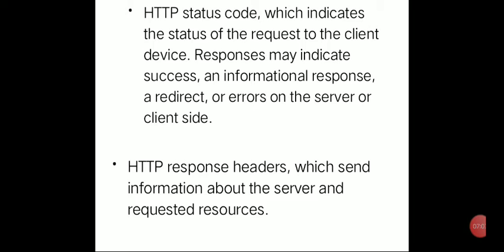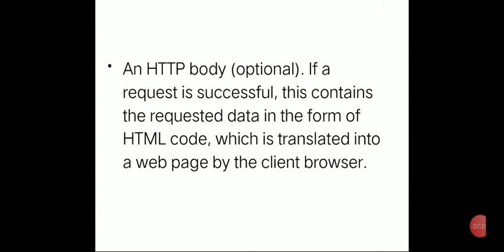Responses may indicate success, informational responses, redirection, or errors on the server or client side. HTTP response header, which sends information about the server and requested resources. And an HTTP body, which is optional. If a request is successful, this contains the requested data in the form of HTML code, which is translated into a web page by the client browser.